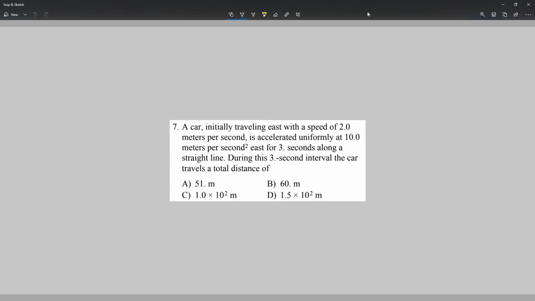Again, if you want to pause the video before I come up with the answers, feel free to. Initially traveling east with a speed of this.